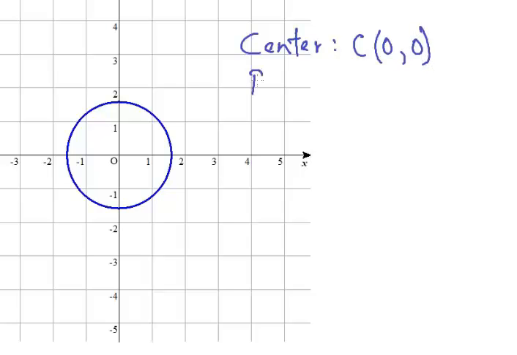Now, what about the radius? What is the radius of this circumference? From the center to a point on the circumference, I'm moving 1.5 squares. Yes, 1.5. So if I'm moving 1.5, I know that the radius is r equals 1.5.